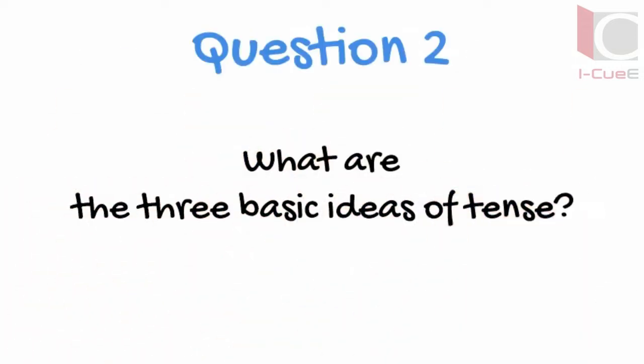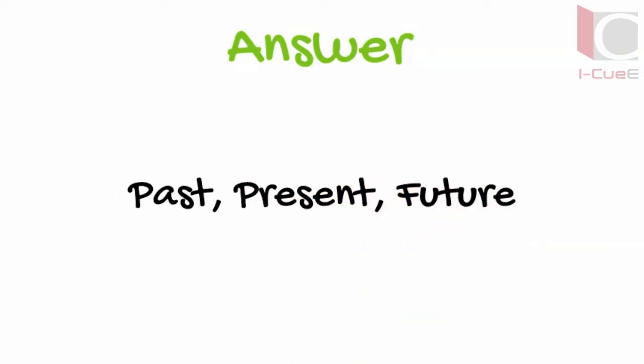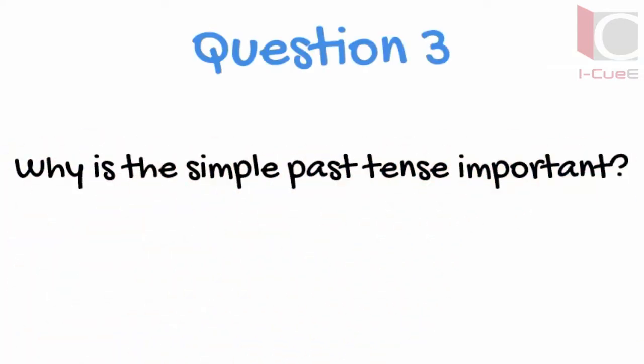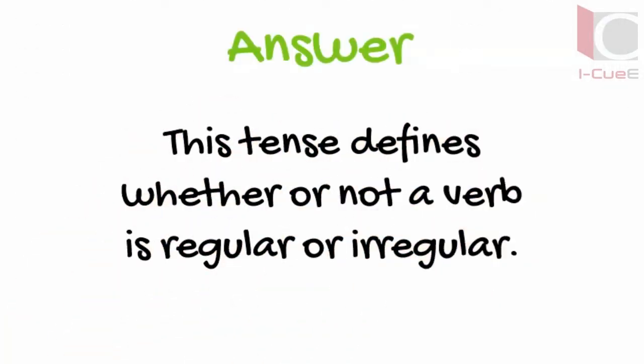What are the three basic ideas of tense? Past, present, future. Why is the simple past tense important? This tense defines whether or not a verb is regular or irregular.